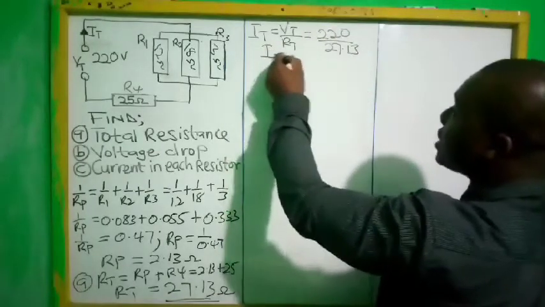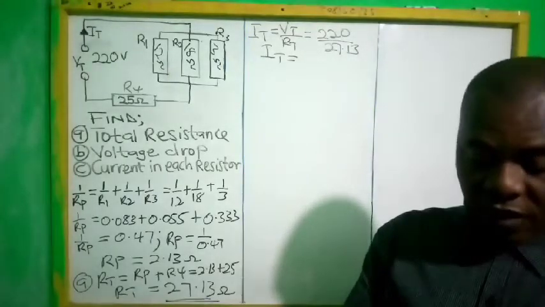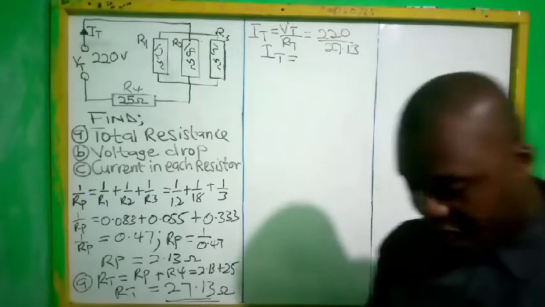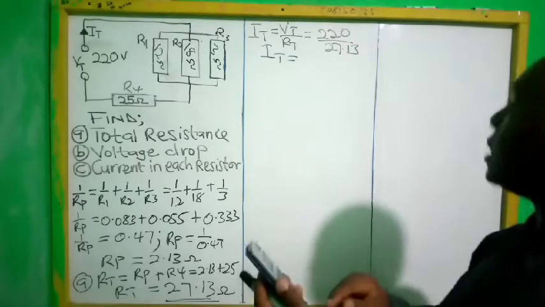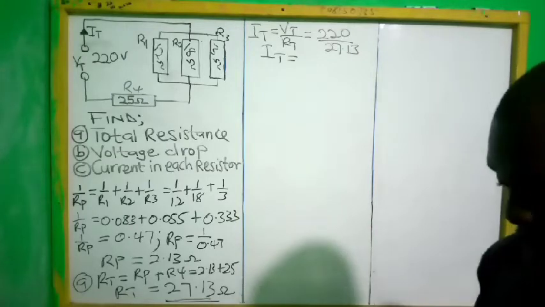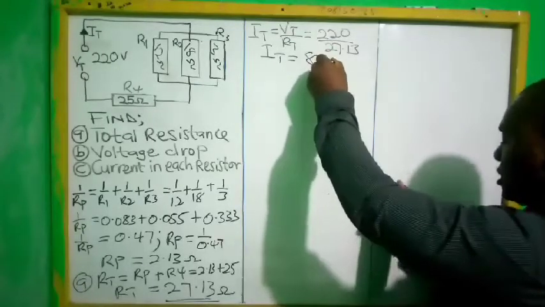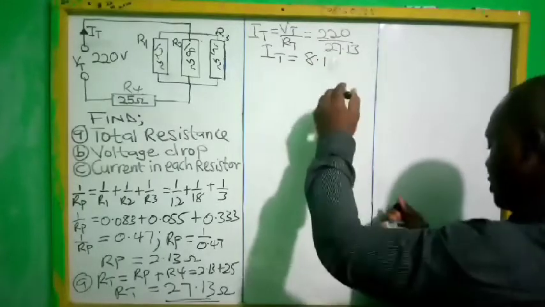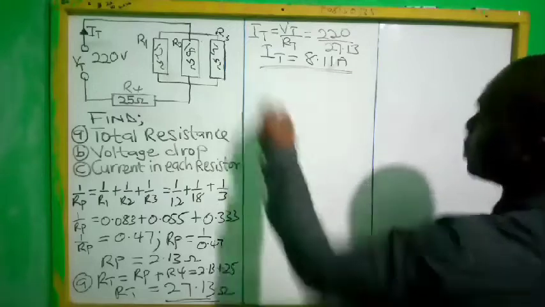So our total current is 220 divided by 27.13, and we have our answer as 8.11 amps. So this becomes our total current.